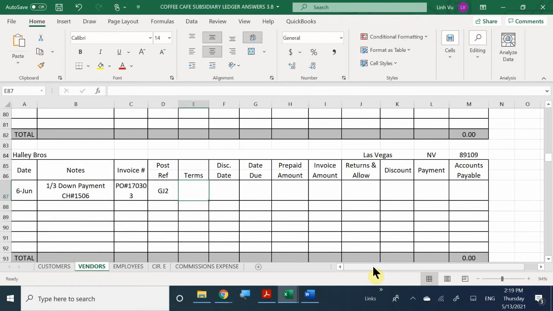When I receive my bill, if my vendor is nice enough to allow me some terms, then we can fill that in. So that section we're going to have to skip for now, because we're only requesting the order. This isn't a bill yet. So then now here's the final bottom line once again.